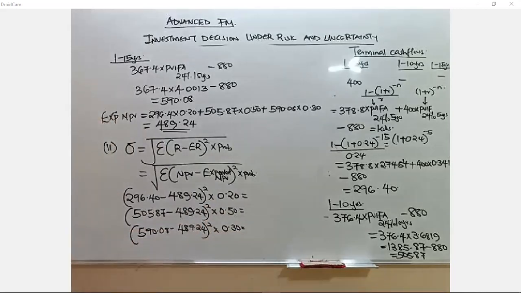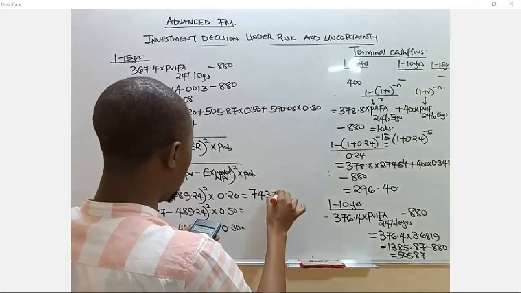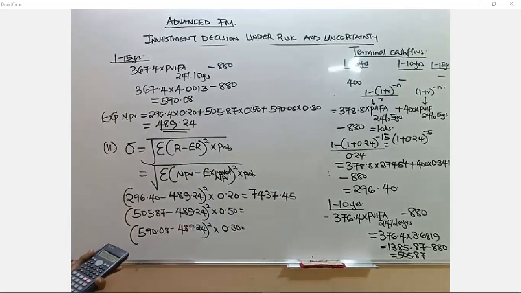So how much is this? Let me start with the first one. 296.40 minus 489.24, squared. Then I multiply by 0.2, getting 7437.45. Then the second one will be 505.87 minus 489.24 squared.